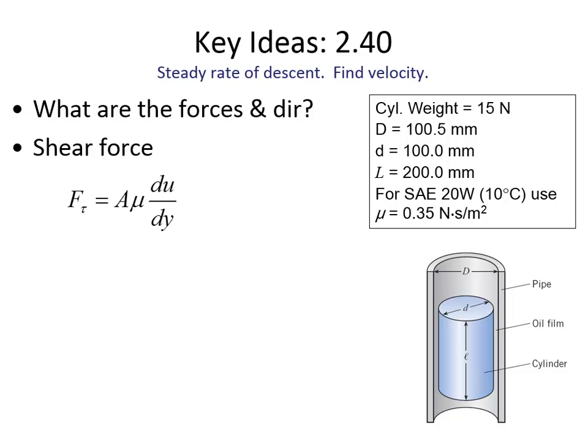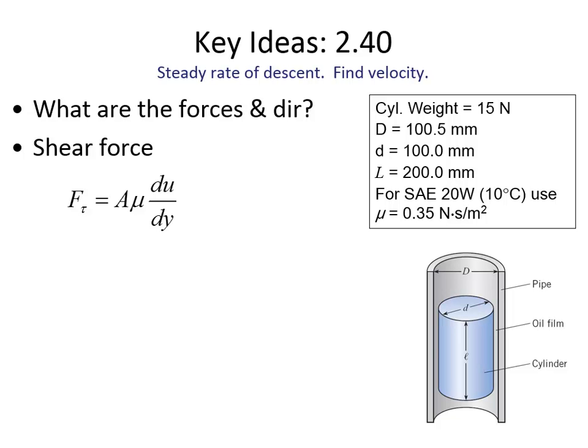All right, so this is the equation we have for shear force. I told you already that because it's in a steady rate of descent, it's falling at the same speed. That means that the forces are in equilibrium. Now, by the way, it's not just in this one location that the shear force is applied, right? Where is the shear force applied, Elman?